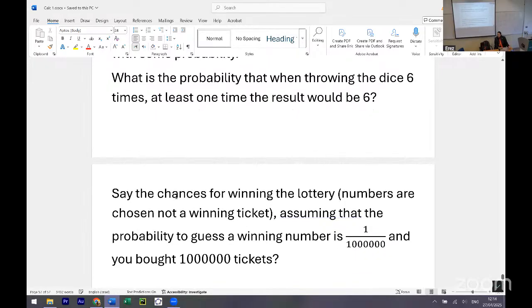It's the same question, right? With the dice, it's 1/6, 6 times. Now it's 1/1,000,000, a million times. What do you think the chances are that you will win at least once? I'm buying 1,000,000 lottery tickets. What are the chances that I will win at least once?